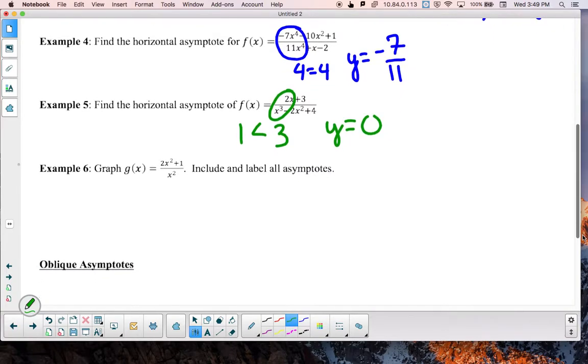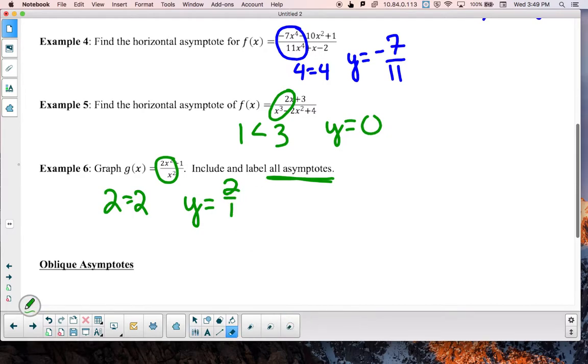Now for example 6, we want to find all asymptotes. So this means horizontal, oblique, and our vertical asymptotes. So for our horizontal asymptote, again we look at our leading terms. We have the same degree, so 2 equals 2. So that means that y is going to be equal to 2/1.